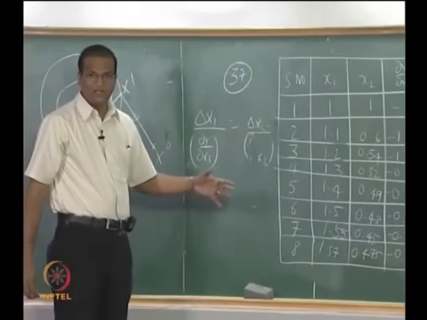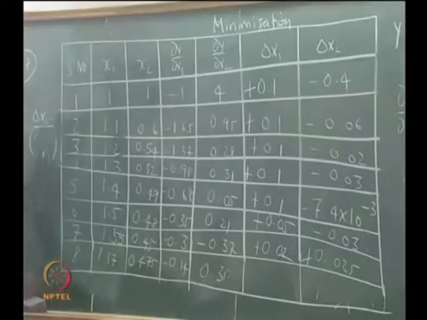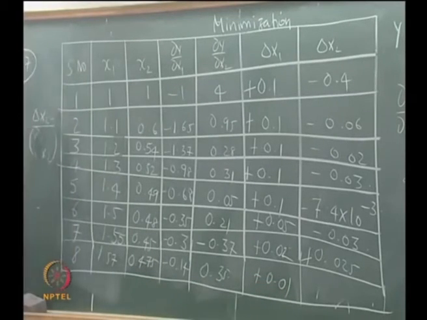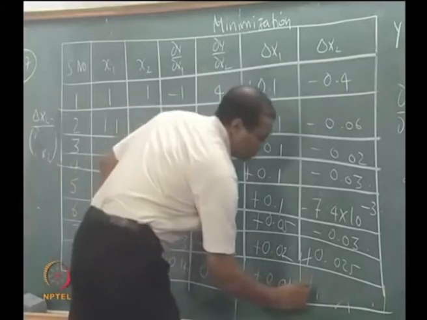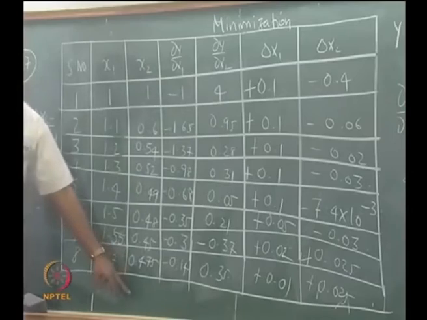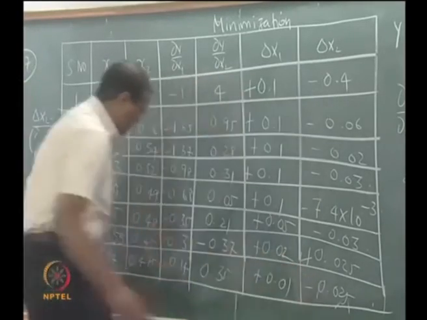Now it rapidly oscillates, no? It oscillates too much. So again I will make it 0.01. Not 0.25. It again becomes negative. Okay. Now it comes back to 0.45.